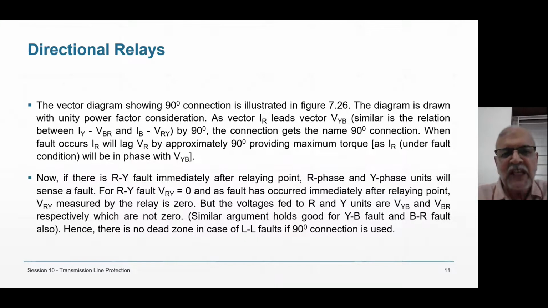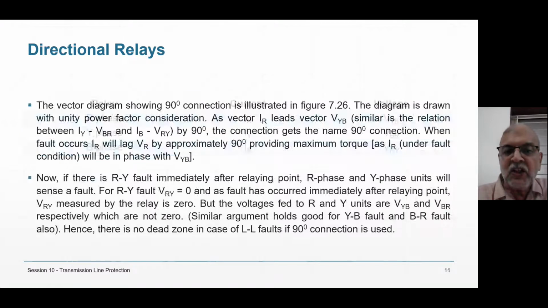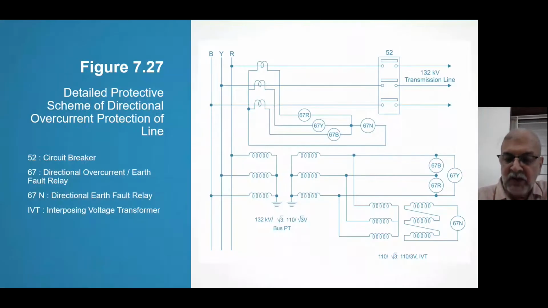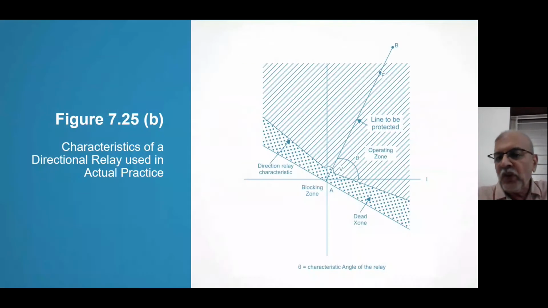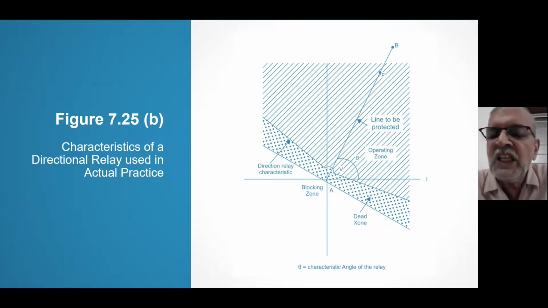So what is the problem when we make theta equal to 90 degree or theta equal to 75 degree? Actual characteristic is like this. That is operating zone, zero torque line, blocking zone, everything. So we need this kind of characteristic, right? And it will measure the angle between theta and phi.